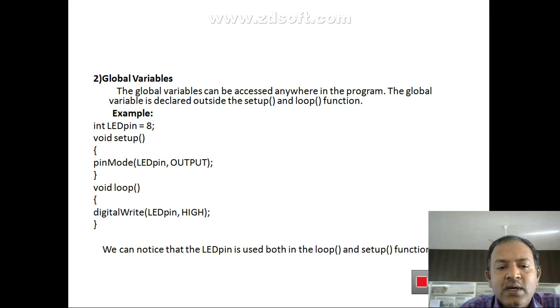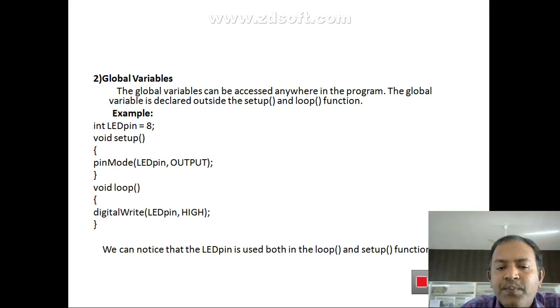If you see the example, you can easily understand: int LED pin is equal to 8, and below that you have void setup and void loop. In this program, above everything I am including LED pin is equal to 8.